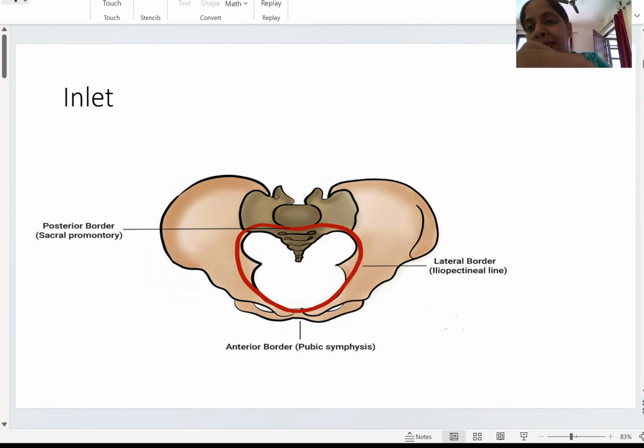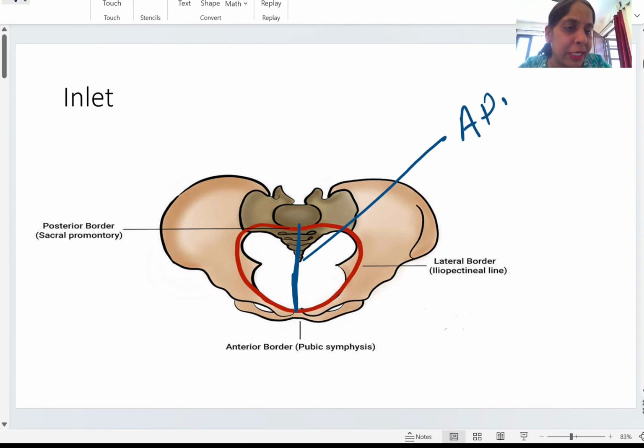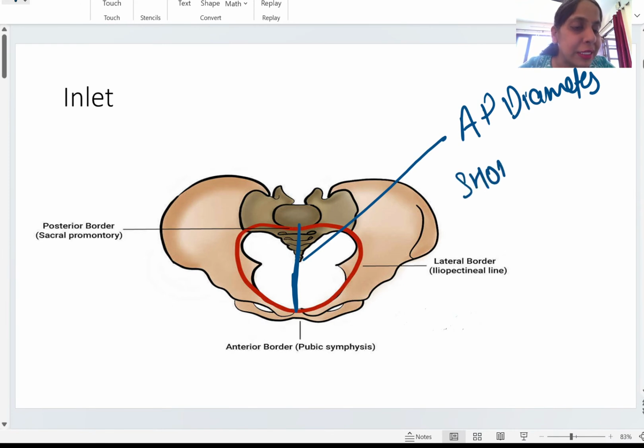This is the antero-posterior diameter. In the inlet, the antero-posterior diameters are the most relevant ones. Why? Because they are the shortest diameters.